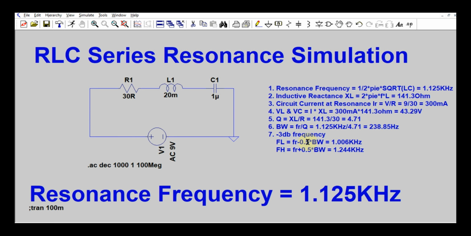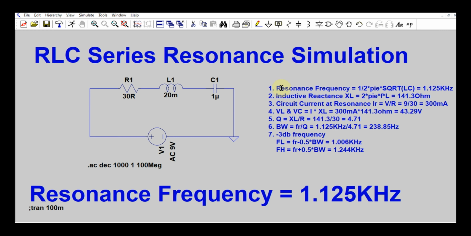If you have resonant frequency 1.125 kilohertz minus 0.5 into bandwidth, you will get around 1 kilohertz. And the higher cutoff frequency is the resonant frequency plus 0.5 into bandwidth, you will get 1.244.